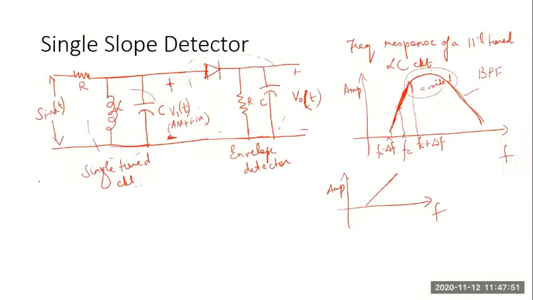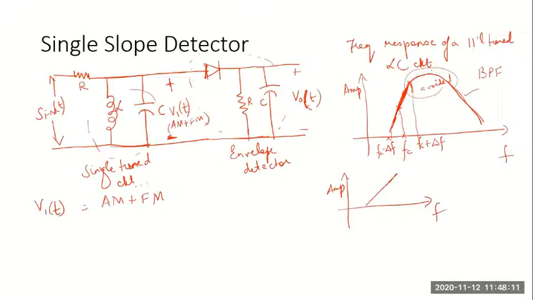So what is V1 of T? V1 of T, the output of the single slope circuit or the single tuned circuit, will be AM plus FM. Okay. You're going to get a combination of AM and FM.